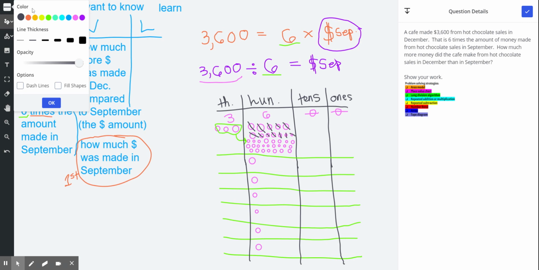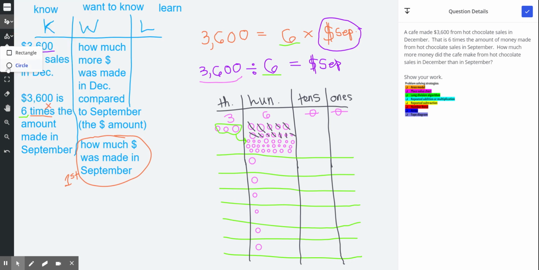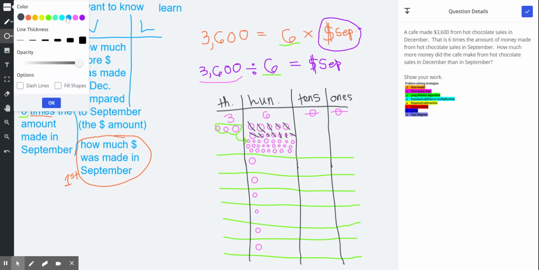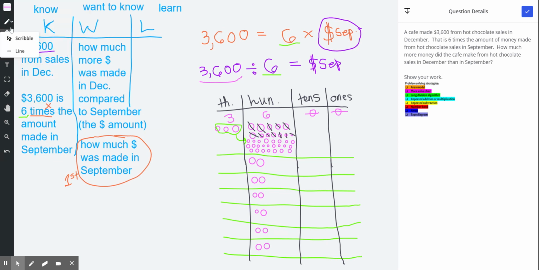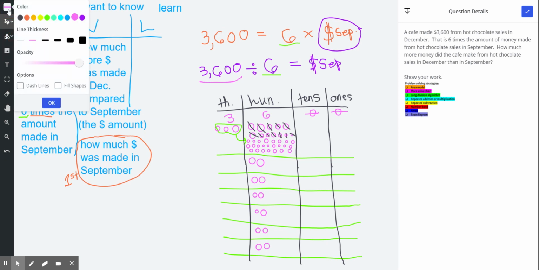All right, so I can do another 6 and put another circle in each row. So that's 2 in each of my 6 rows. Okay. Then I go back. I know I still have more circles to go.